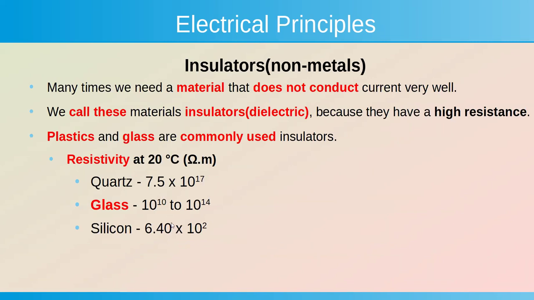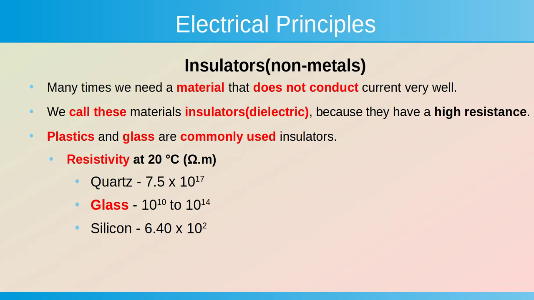So insulators, okay, sometimes we need something that doesn't conduct because otherwise everything would be shorted out. We call them insulators. In some cases, we call these dielectrics, which is, I think, a Greek word meaning non-electric. Because they have a very high resistance or opposition to current flow.